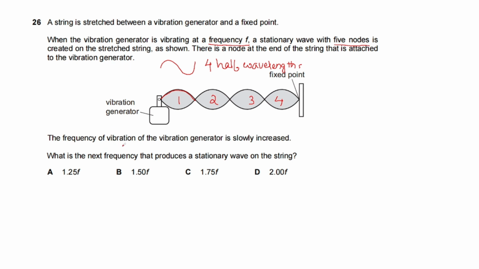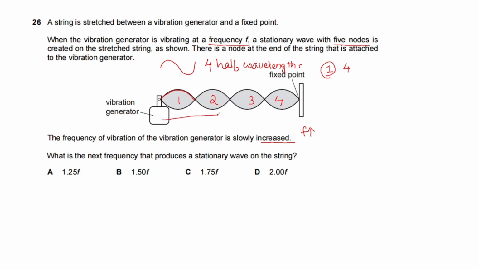The frequency of the vibration generator is slowly increased. So the frequency is increasing. What is the next frequency that produces a stationary wave in the string? To do this question, we can split it into two conditions. First, having 4 half wavelengths.